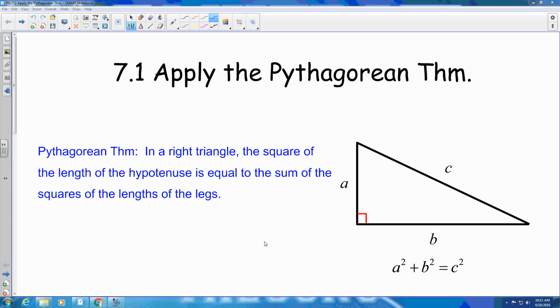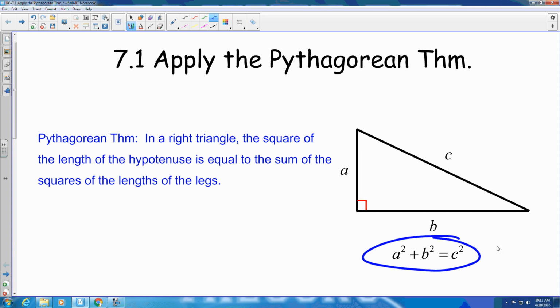The Pythagorean theorem, by definition, which is shown here on the screen, says in a right triangle, the square of the length of the hypotenuse is equal to the sum of the squares of the length of the legs. So we know it commonly as a squared plus b squared equals c squared, where a and b are the legs and the value of c is the length of the hypotenuse.